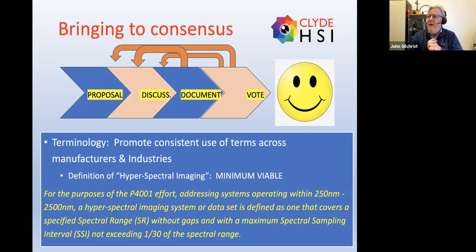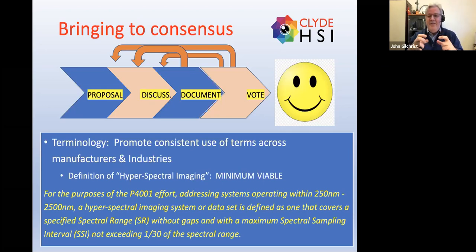I talked at the very beginning about the idea of what is the definition of hyperspectral imaging. Believe me, the definition took more than 2 years to hammer out. It's unbelievable when you think about it, isn't it?